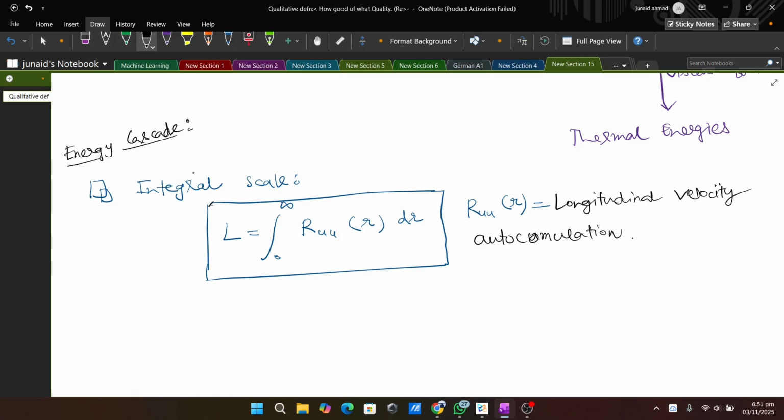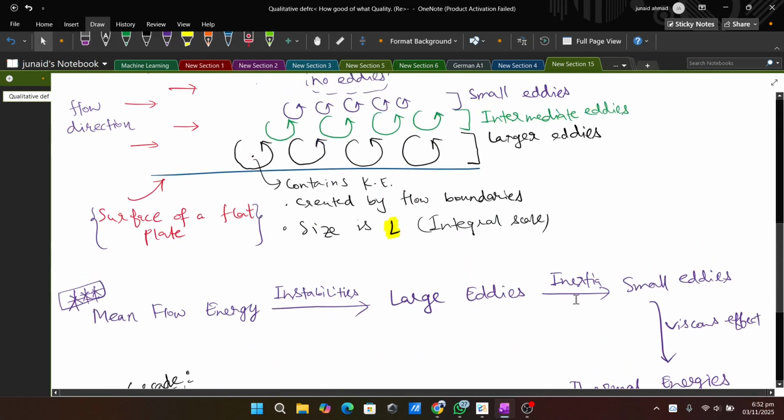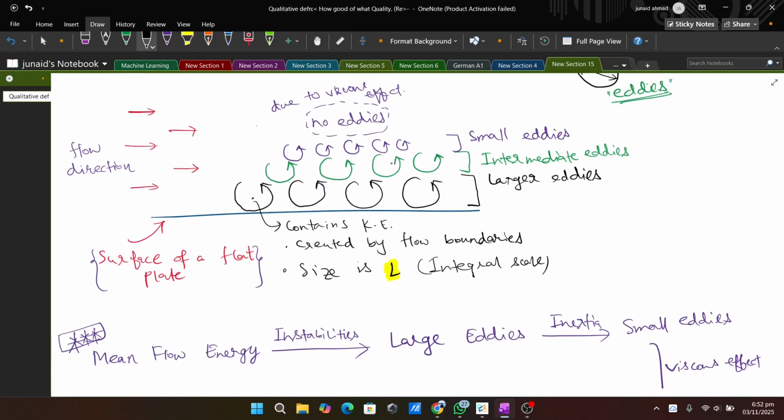It passes from large eddies to smaller eddies, and then to even smaller eddies until it is finally dissipated. This step process is called the energy cascade. From large eddies to intermediate eddies to small eddies, the energy is not dissipating instantly. The eddies are finally dissipated due to the viscous effect.